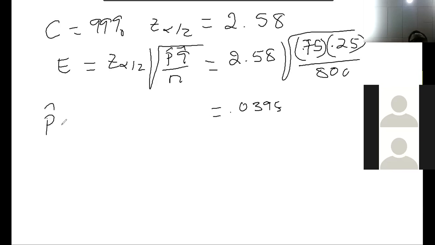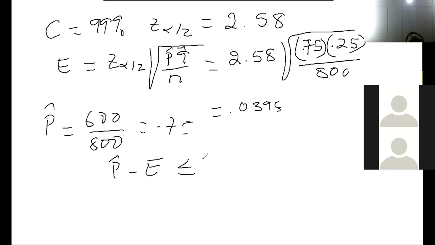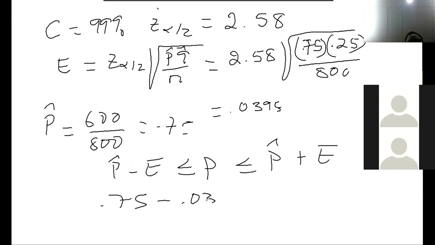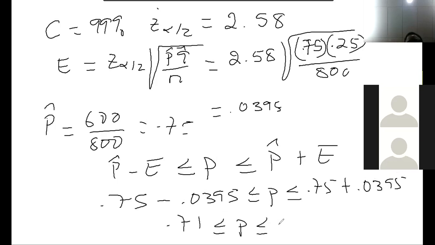So p hat equals 600 over 800 equals 0.75. And the margin of error is 0.0395, so the interval for p is 0.75 minus 0.0395 to 0.75 plus 0.0395, which is 0.71 to 0.79.